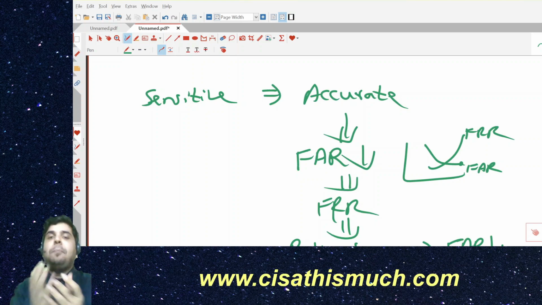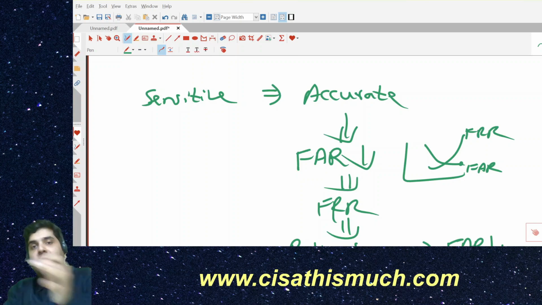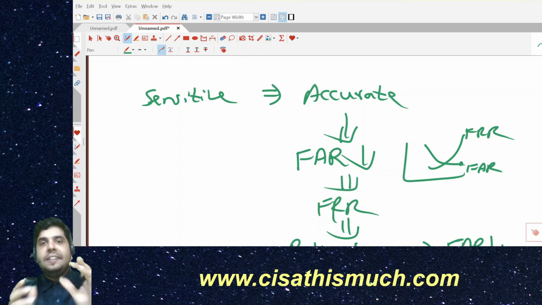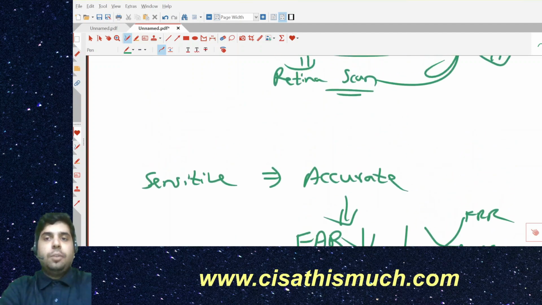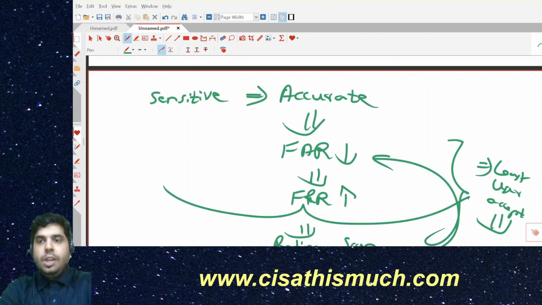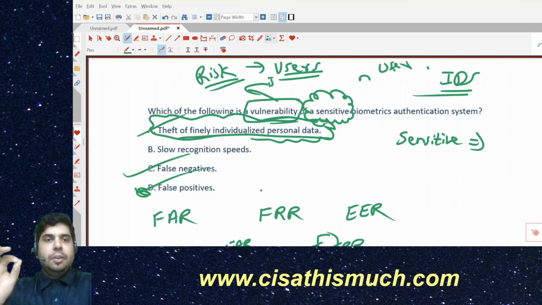So what I'm trying to say is that instead of directly presenting a question on least user acceptance and retina scan, they can twist the question. Instead of giving the direct question, they can use the words, which of the following is a vulnerability.